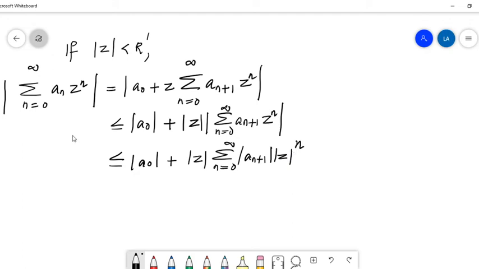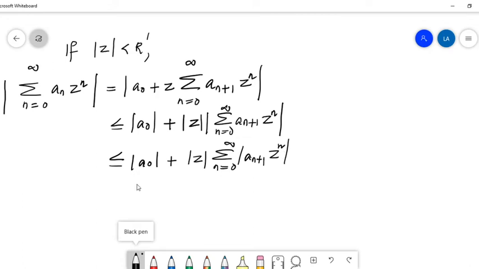I think here we can even just remove that and write like this, simply modulus of a n plus 1 into z raised to n. We are just writing it like so.